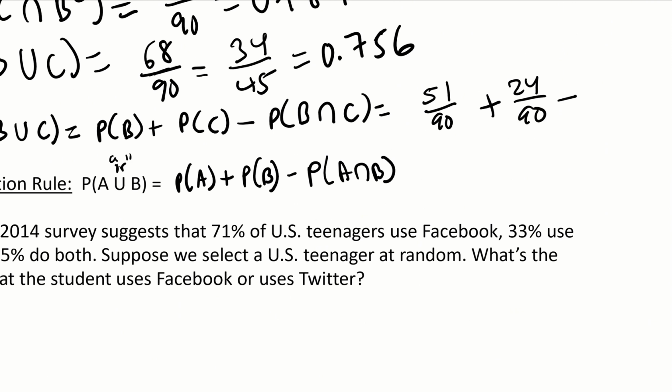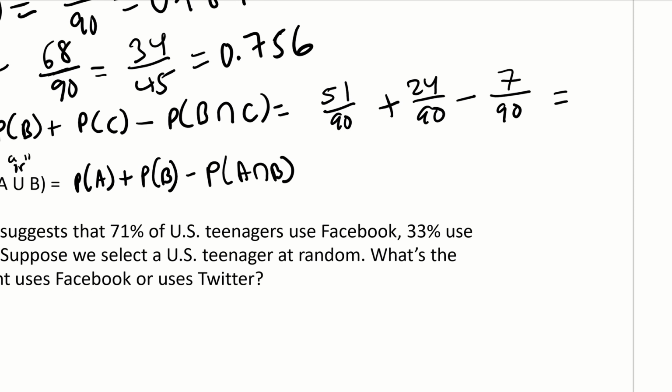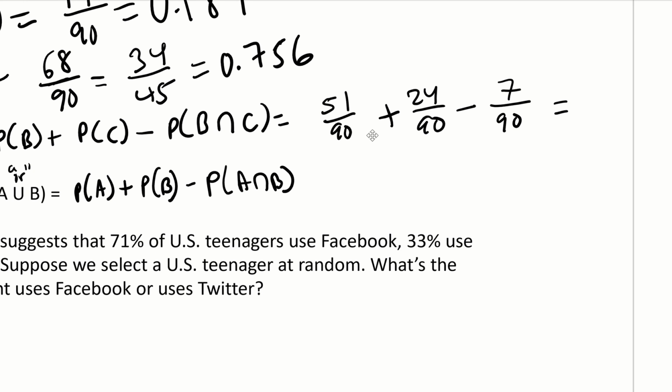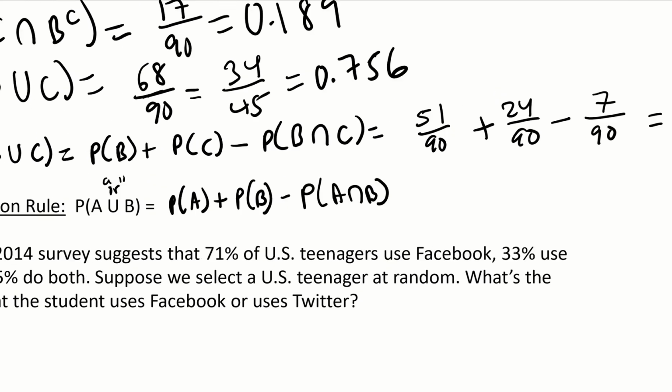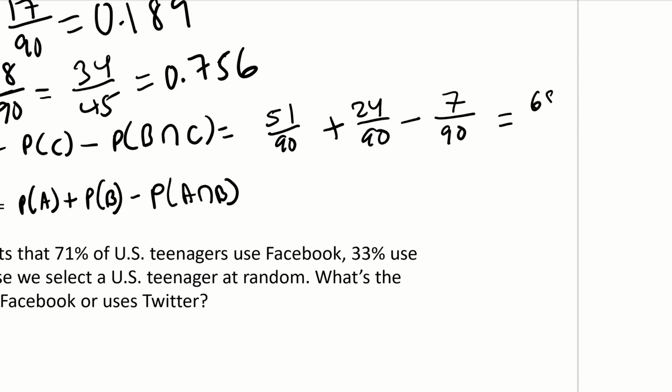So you got to make sure that you don't count them twice and you take away any that are doing both, which is 7 out of 90. And if you do this, you're going to get the answer that we had earlier, which is, what was it, 68. Yeah, 68 out of 90.